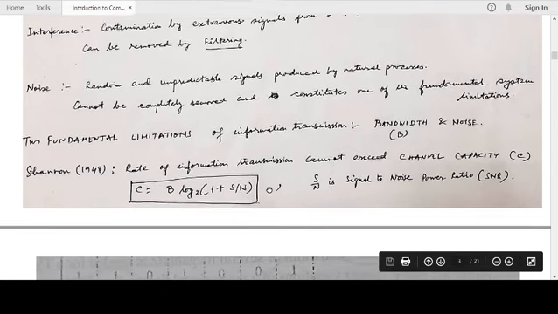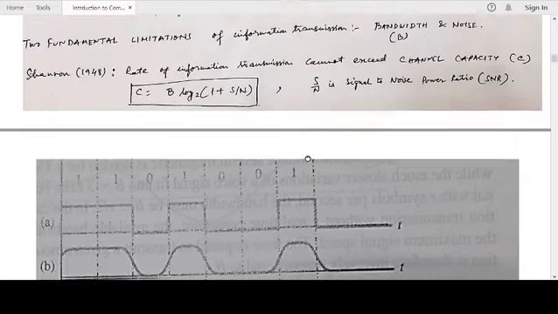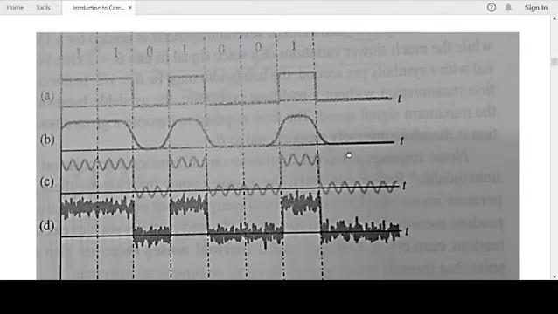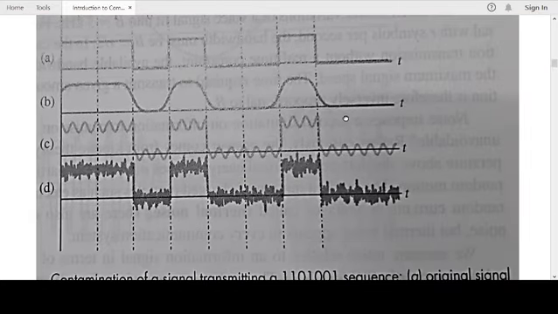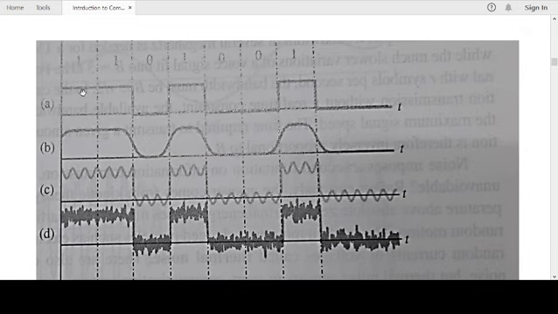Okay, now let's see how noise, interference and distortion look. Let's see this picture. We are sending pulses 1 1 0 1 0 0 1. For 1 we have a certain voltage square wave, and for 0 we have 0 volts. Let's say this is our signal of interest.